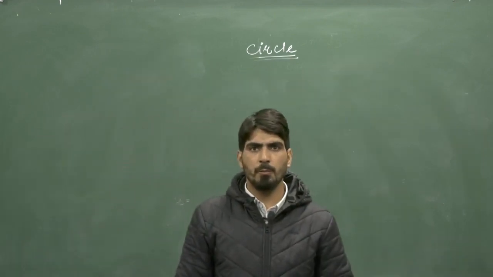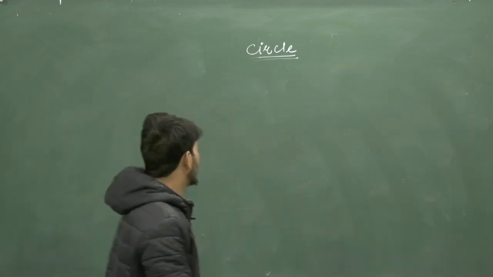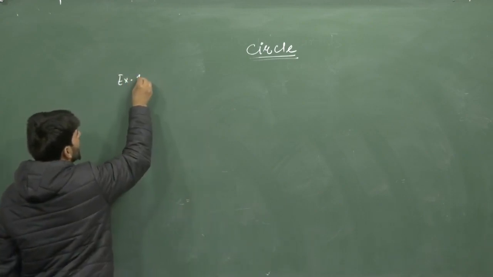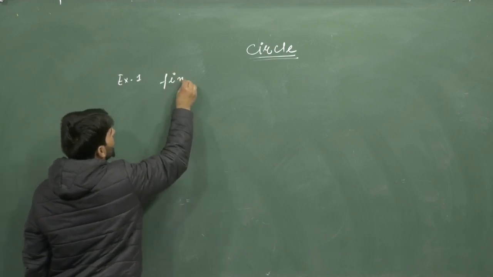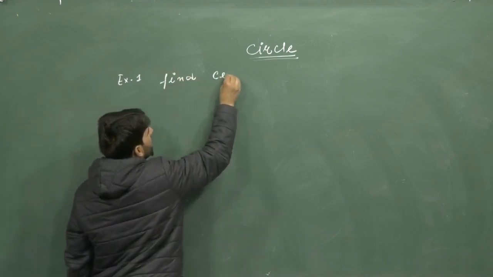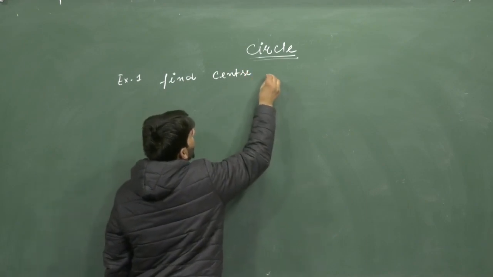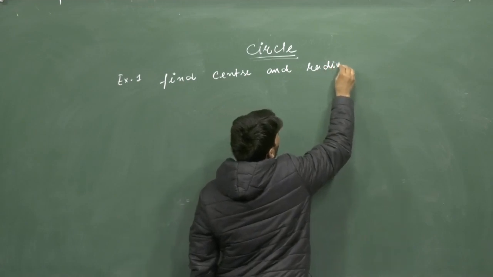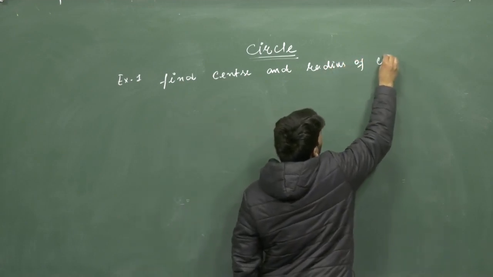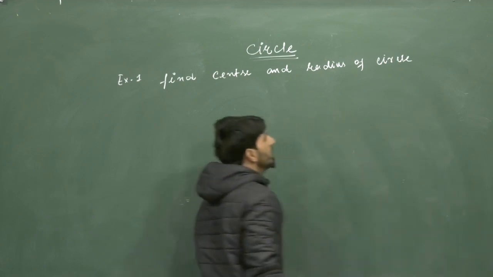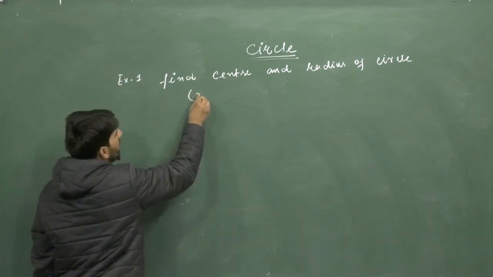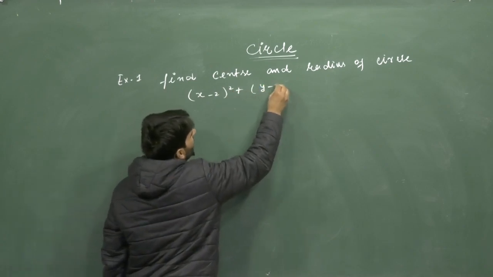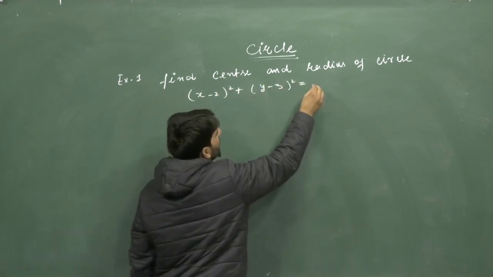Let's take some examples related to the same topic. Example number 1: find center and radius of circle with equation x minus 2 whole square plus y minus 3 whole square is equal to 9.